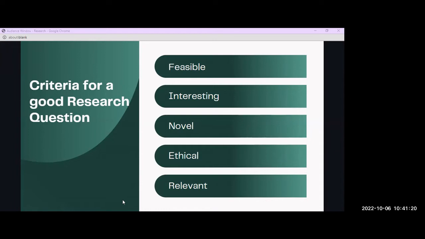Especially that there are some cases where your participants are very difficult to find. Like for example, if you are studying people living with HIV, that would mean that you cannot just ask somebody, do you have HIV? So you need to have referrals coming from agencies, from the city health office.